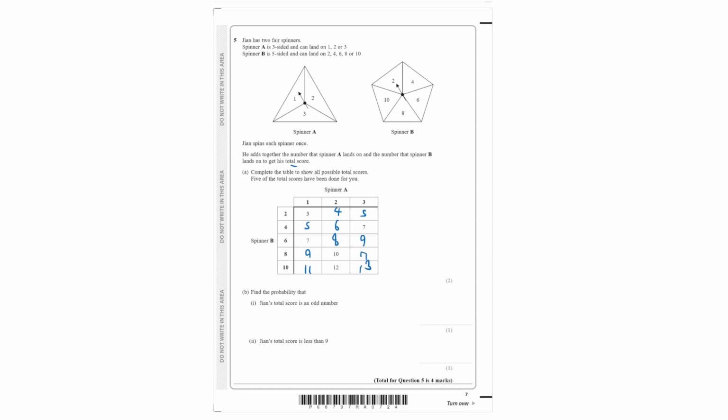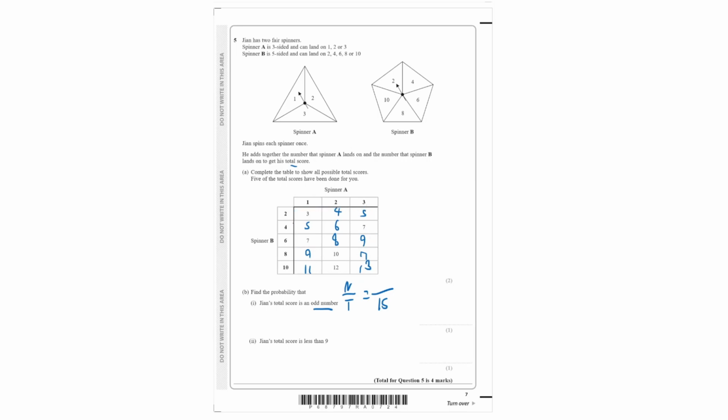Find the probability that Jian's total score is an odd number. So to find the probability, it's simply the number of times it occurs over the total. So we can see here that the total is simply 3 times 5. So that is 15. We know that the total times this can happen is 15 no matter what, since we have a table here of exactly 15 numbers.